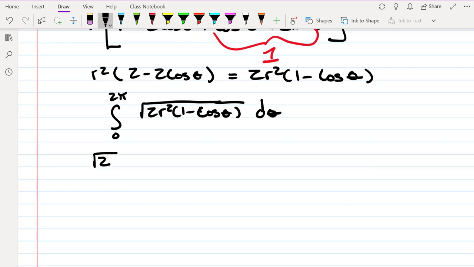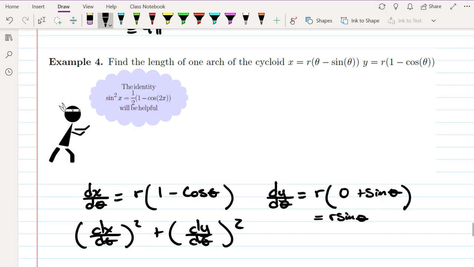So we have the square root of 2 times r times the integral from 0 to 2 pi of the square root of (1 minus the cosine of theta) d theta. And so we're looking at this and we're like, dang, how do I do that integral? And then we remember the hint ninja showed up to tell us that something would be helpful.